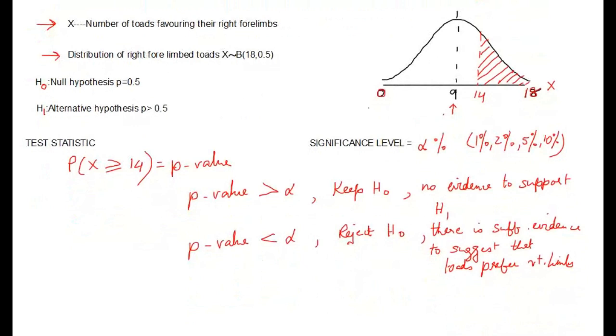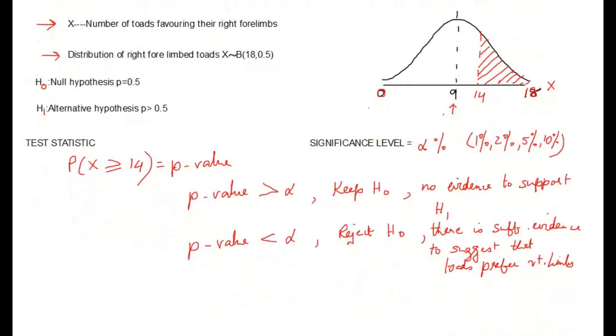And what you end up with is a p-value. You check the p-value against a predetermined significance level, which is usually within 10%. So 1%, 2%, these are the values that we usually set. So if the p-value, or this area in red, is greater than the significance level, then we're going to keep the null hypothesis.